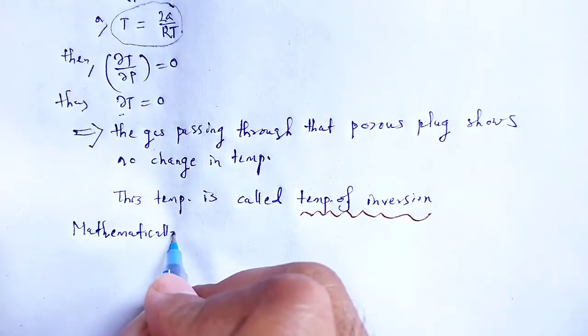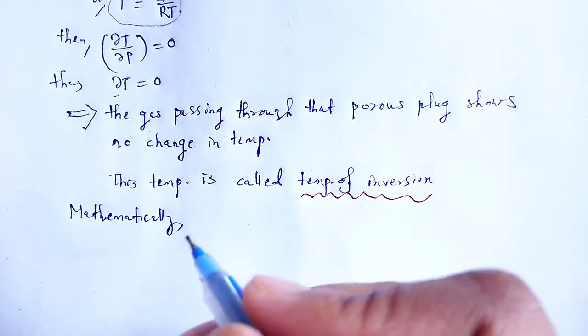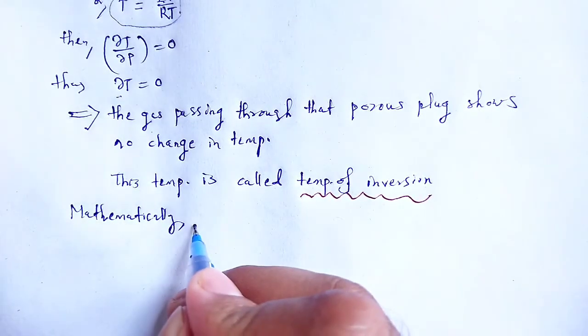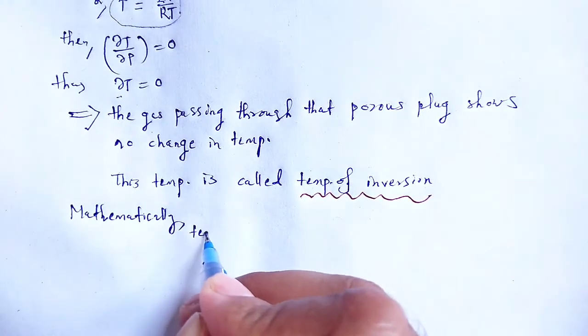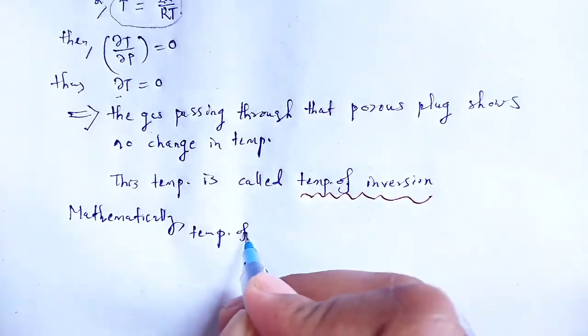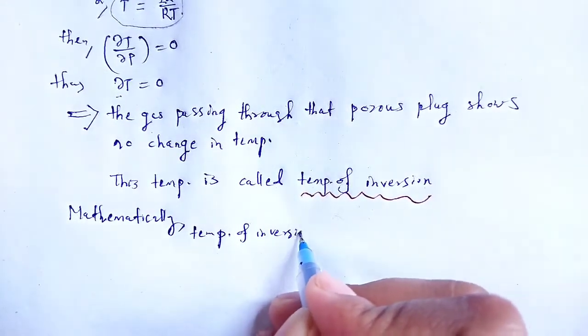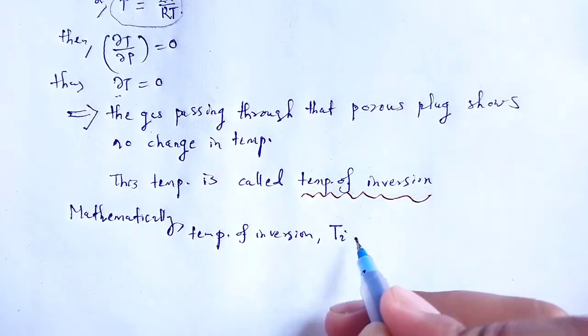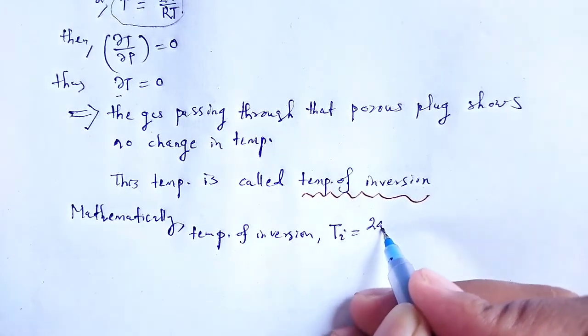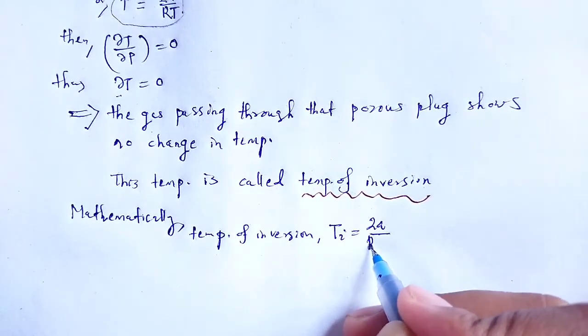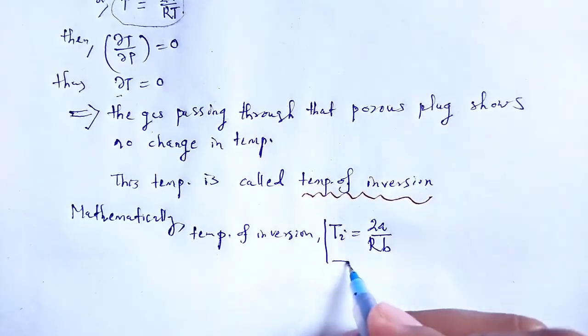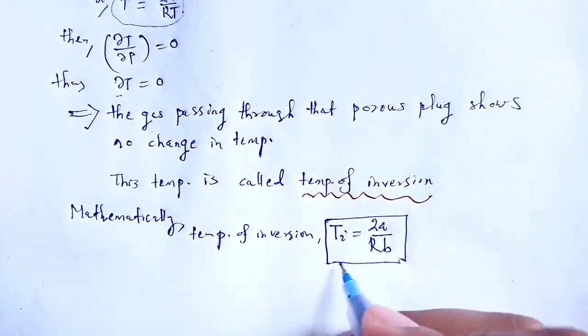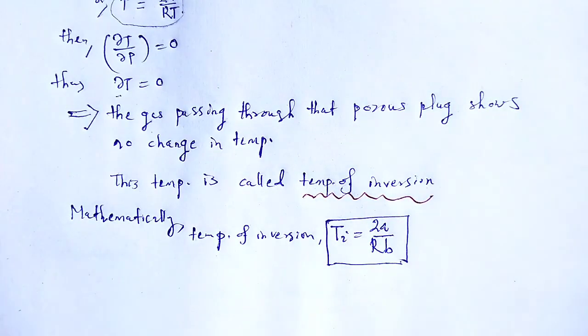Mathematically we can write it: the temperature of inversion Ti is equal to 2A divided by RB. At that particular temperature there will be no such change in temperature.